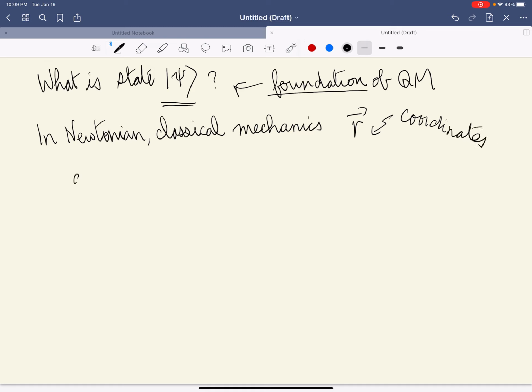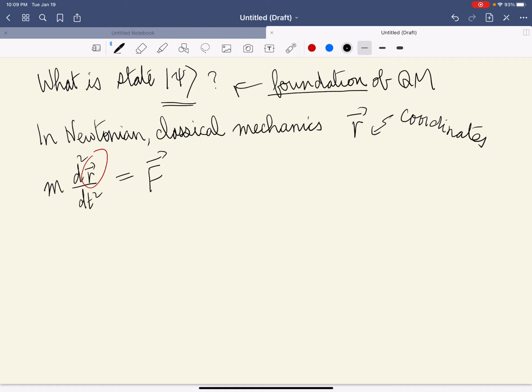And Newton's law, which I'm sure you know very well, is about how this object called the coordinates of a particle evolves over time.